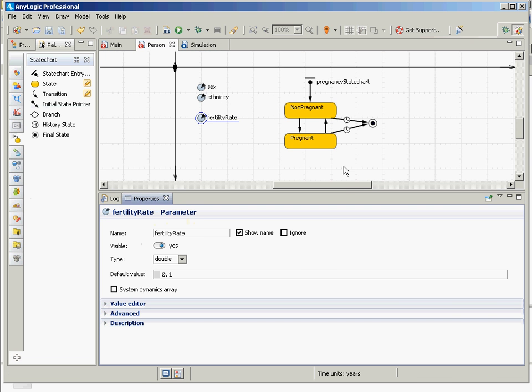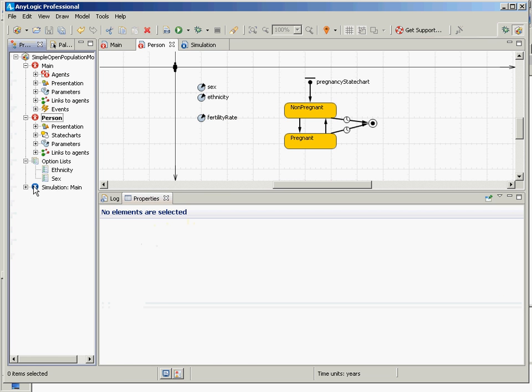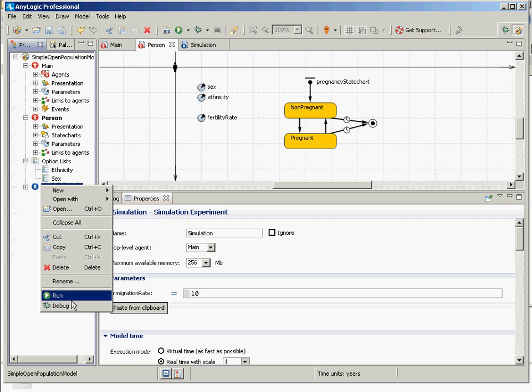We're not yet dealing with age-specific fertility, but we could readily do that. Now, that's the basic mechanisms. We're missing the core things. Let's see if this model works. Let's build it, and let's run it here. So we'll run it, and here we go.